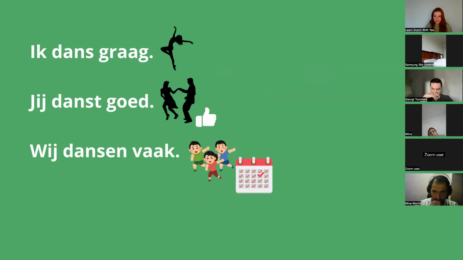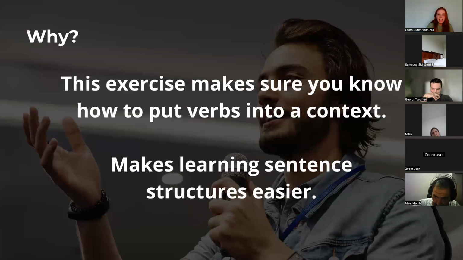Very easy sentences. So why do we do this exercise? This exercise makes sure you know how to put verbs into a context. If you had to look at the previous exercise, you didn't know how to put these verbs in a context. And it makes learning sentence structures a lot easier.